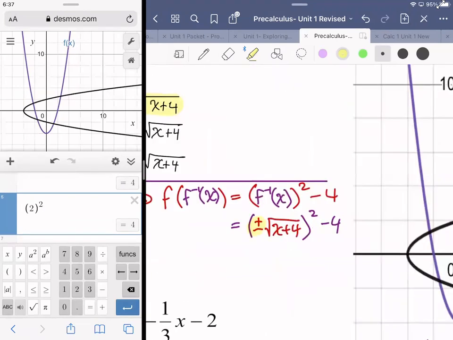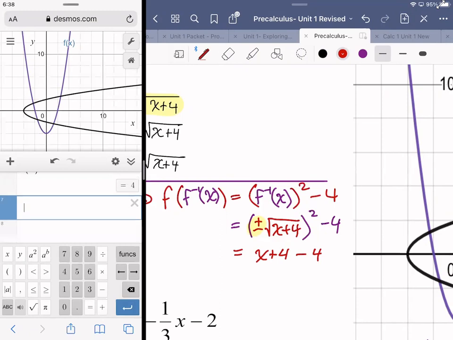So the next step in this process would have this becoming x plus 4 minus 4, because if you square something that's already under a radical, it releases the expression from the radical.